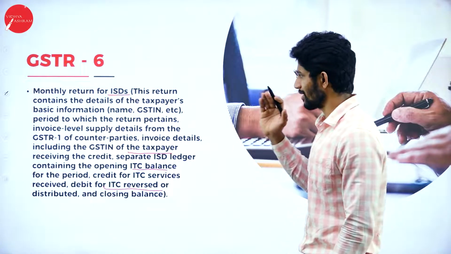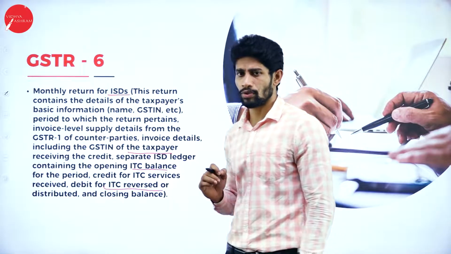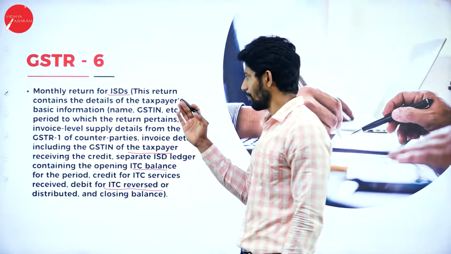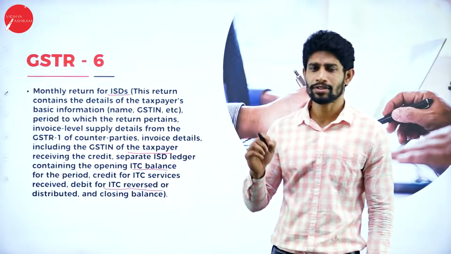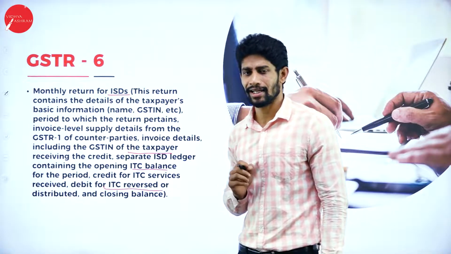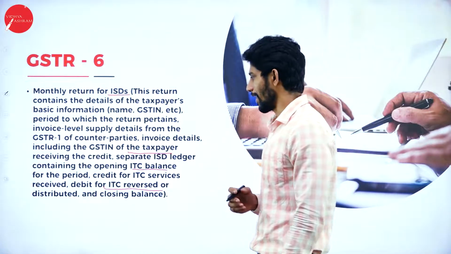So GSTR-6 is fully related to the input service distributor, and this input service distributor is going to file the GSTR-6 on a monthly basis. The information of the particular taxpayer will be mentioned in GSTR-6, like the name, GSTIN number, and address of the taxpayer.